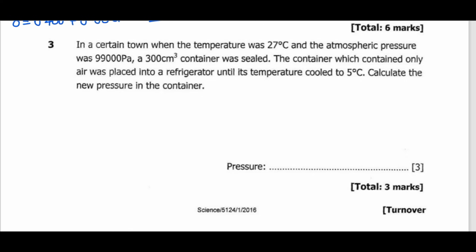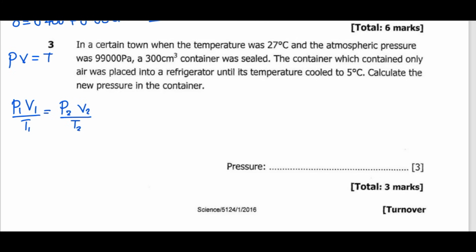Calculate the new pressure. So this is an ideal gas equation because we can see that all the three factors were changing. So we know that PV over T is constant. So P1 V1 over T1 is equal to P2 V2 over T2.